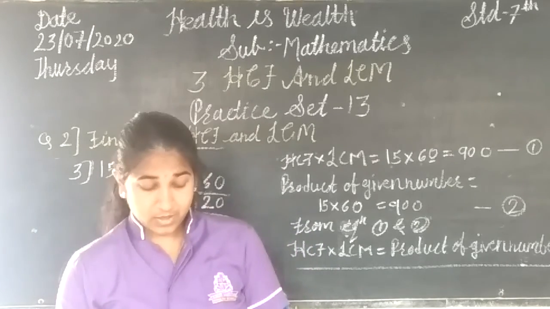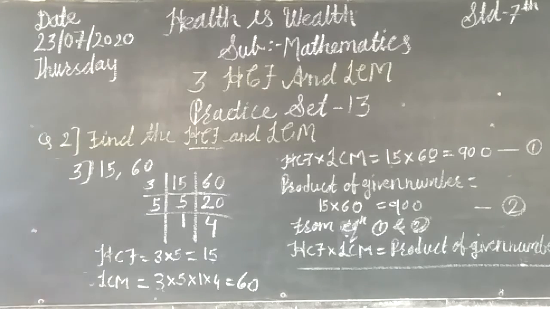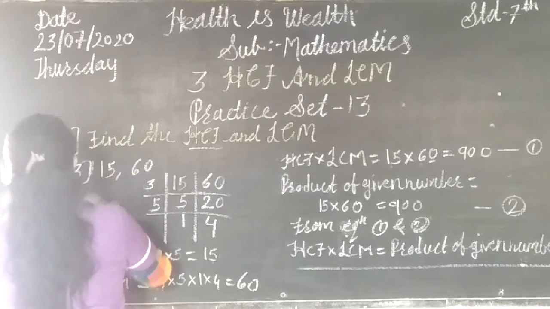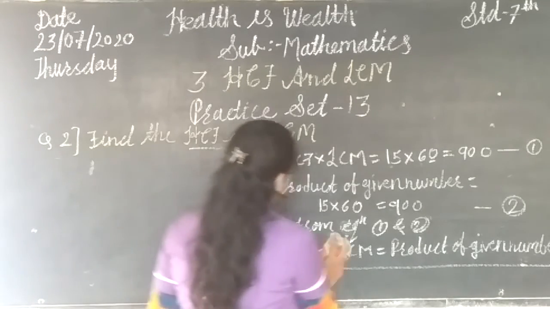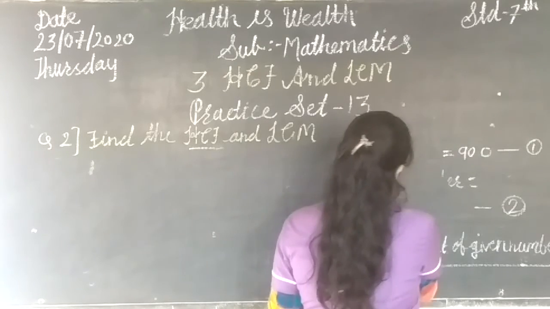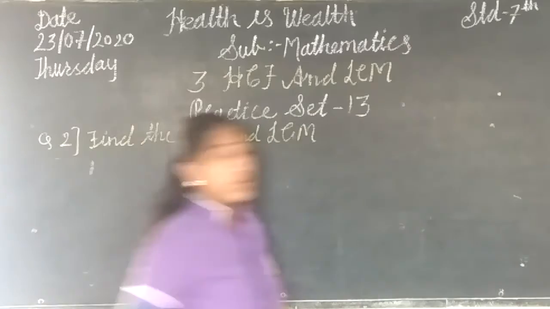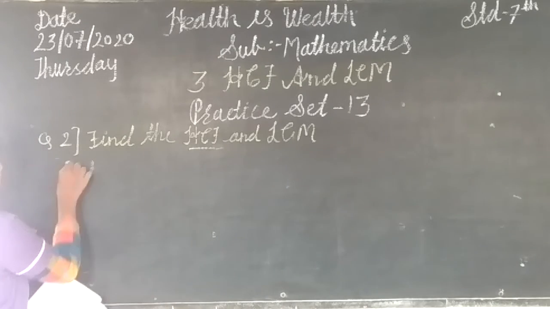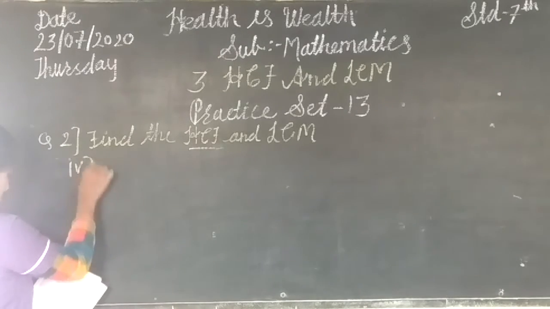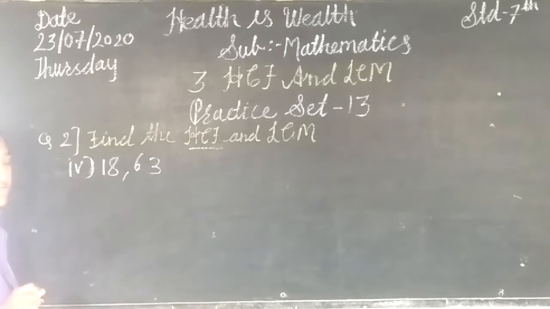Okay. Let us start question number 4. Just see question number 4. What is given in question number 4? Which numbers? 18 and 63.